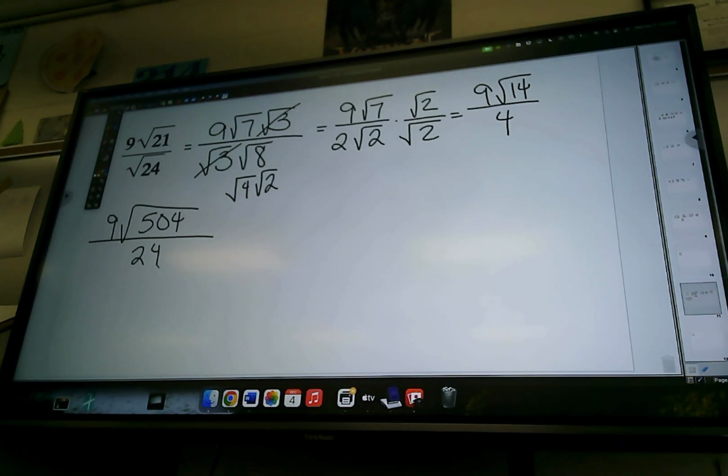It's just breaking it up into easier parts, more manageable parts. Questions?